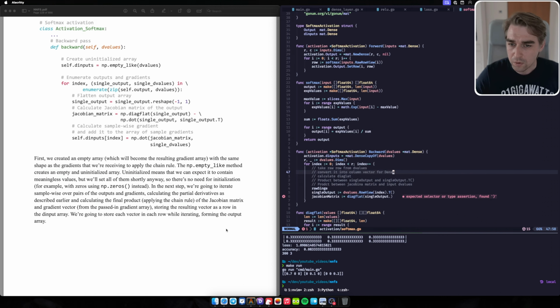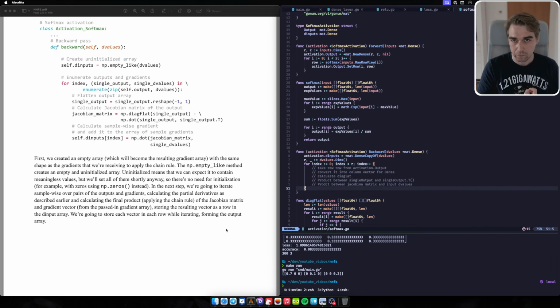Oh, actually, no, take the row from activation outputs. Okay, this is the plan.